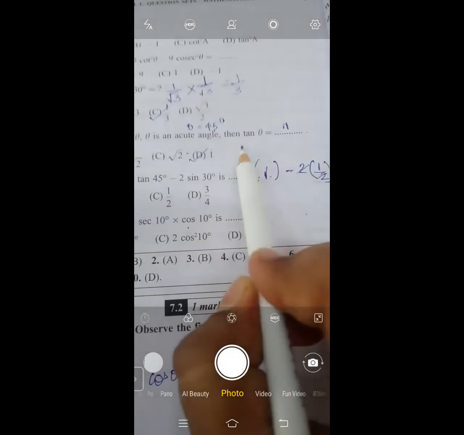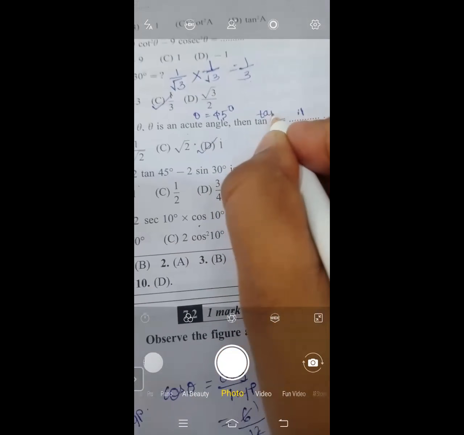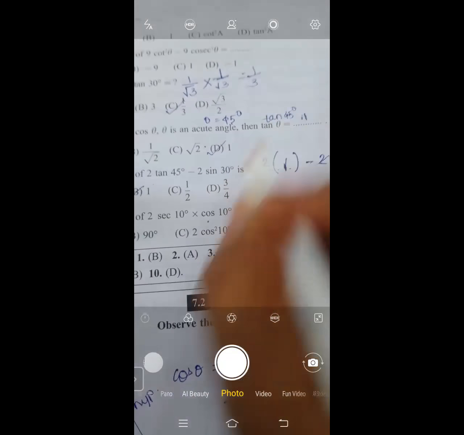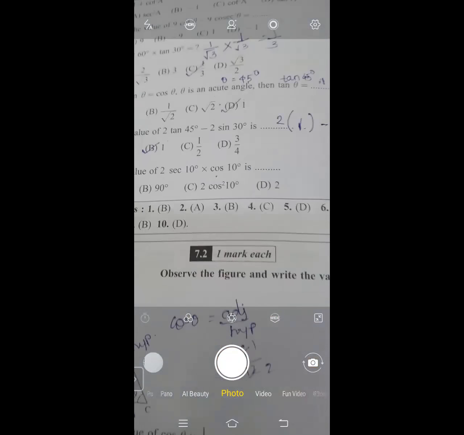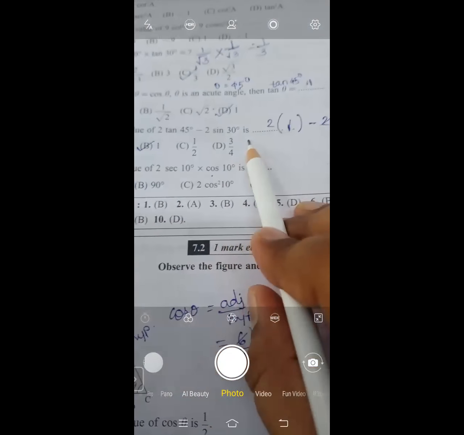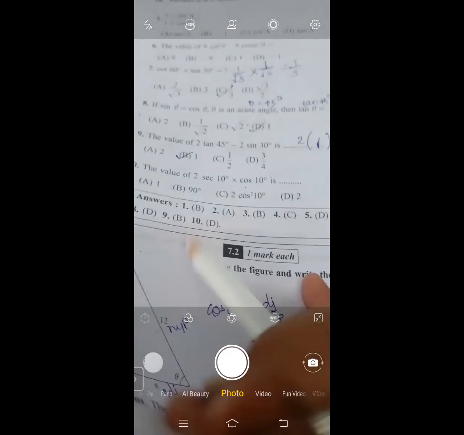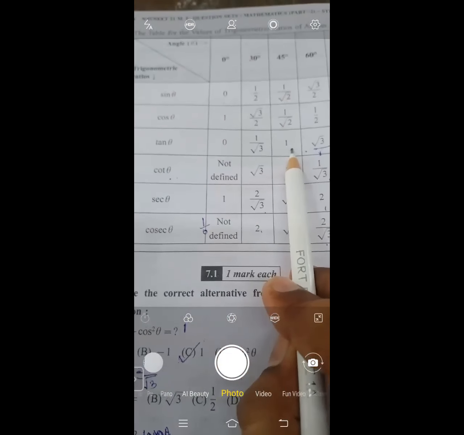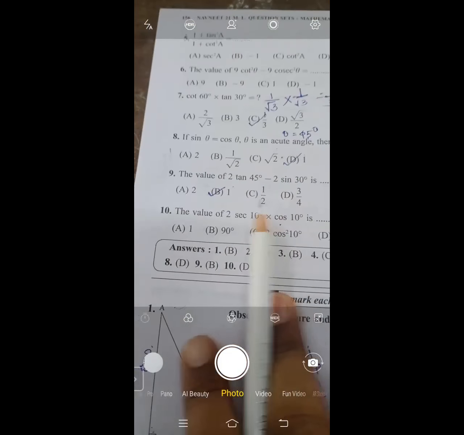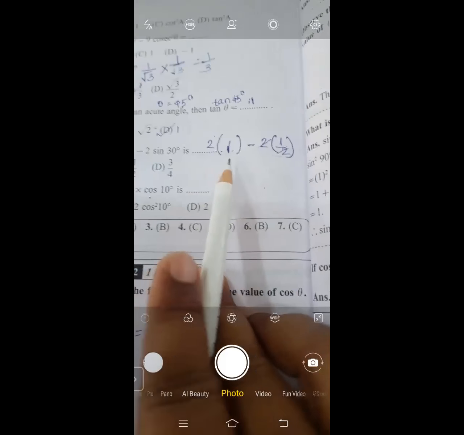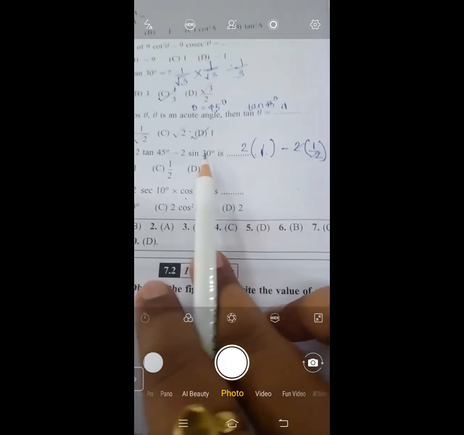So I have found the value of tan 45. In place of theta, we will place the 45 degree angle. So tan 45 is 1. Now the value of 2 tan 45 degree minus 2 sin 30 degree: tan 45 degree is 1, so in place of tan 45, I have written 1.